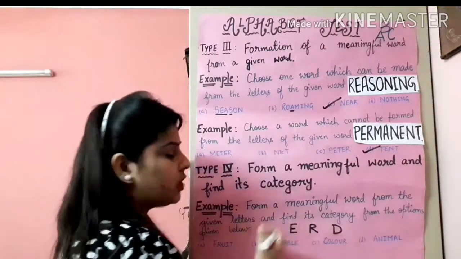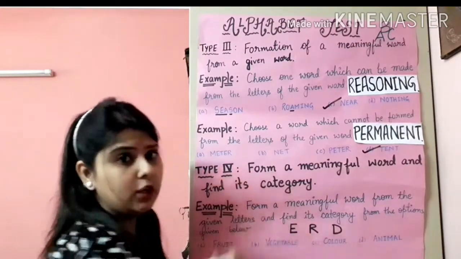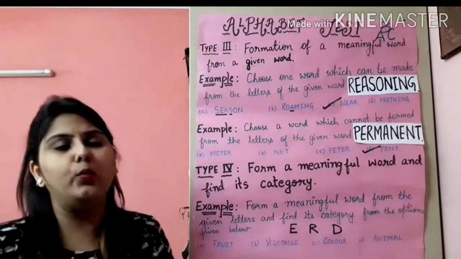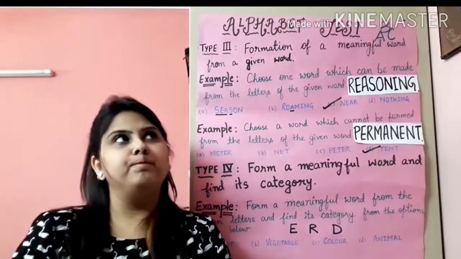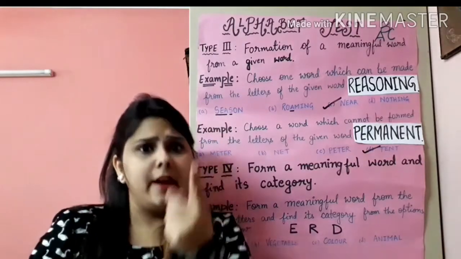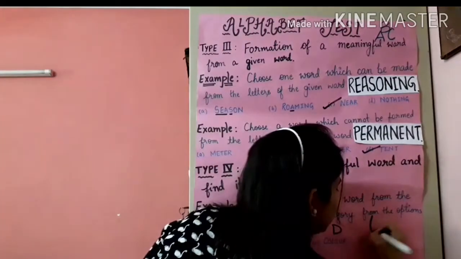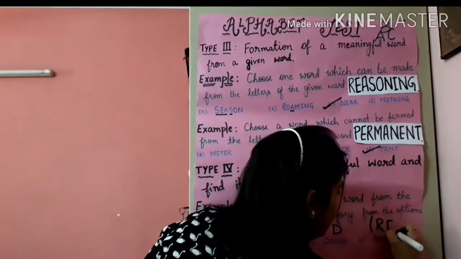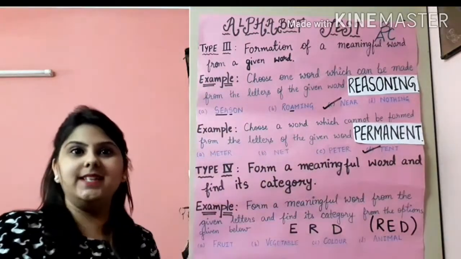The letters given to you are E, R, D. So you need to think which word you can form. Can I form the word red? Yes, I can. R, E, D. So I found that the word is red.